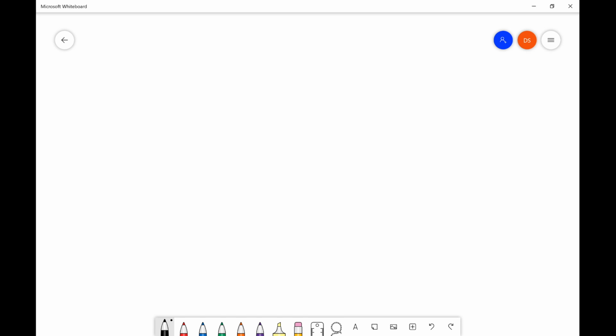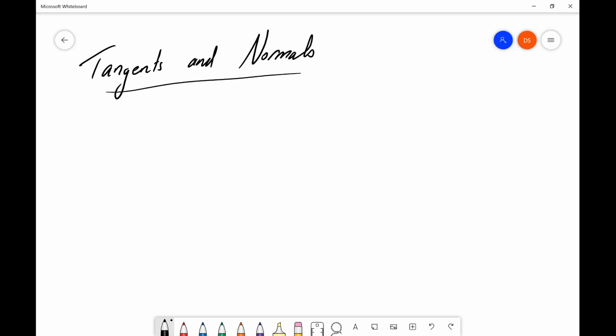So today in differentiation, I wanted to talk about a few really important ideas that we've done before. And these ideas are the ideas of tangents and normals. Okay, first off, I'm going to do this pictorially, and then we're going to have a discussion as to what this means algebraically.